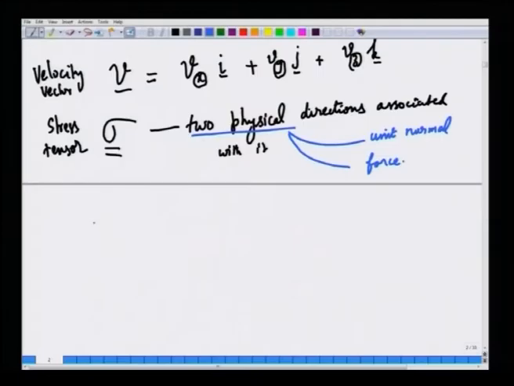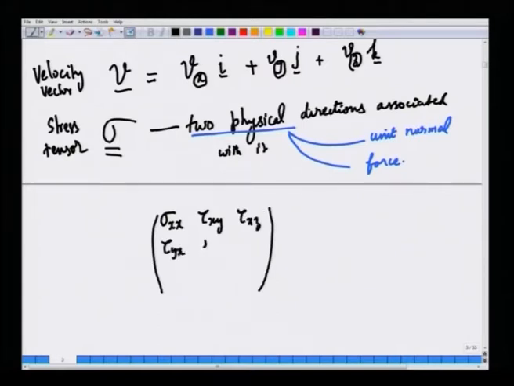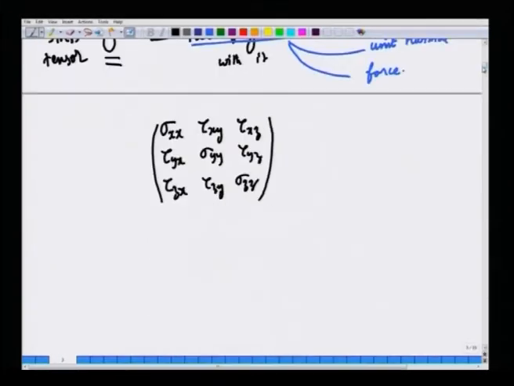Now, at each and every point in the fluid, if one has the knowledge of this matrix or the tensor sigma xx, tau xy, tau xz, tau yx, sigma yy, tau yz, tau zx, tau zy, and one has the information about these 9 elements, then there is a result due to Cauchy.